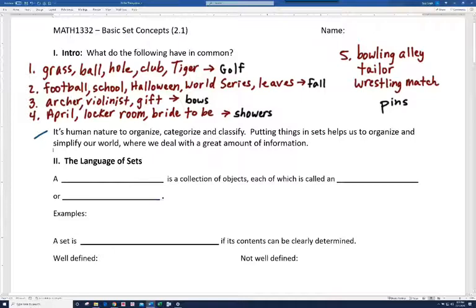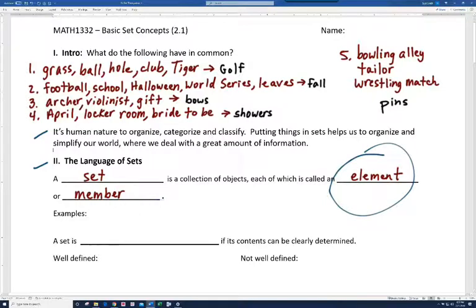Let's talk about the language of sets. So a set is a collection of objects, each of which is called an element, or we use the word member. I'm going to stress the word element, and you'll see why in a few seconds here.